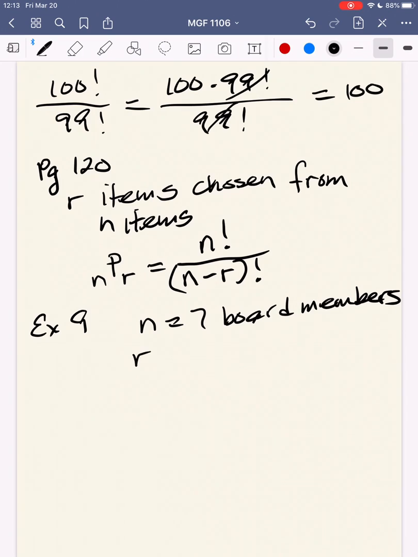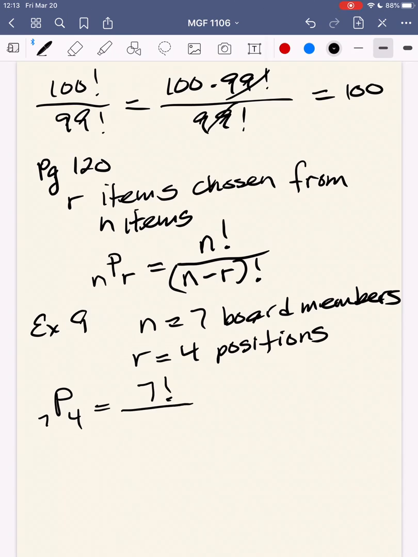Okay, those are 4 different positions. Okay. So how I would set this up, I have P of 7 choose 4, 7 factorial over 7 minus 4 factorial, okay, which is the same as 7 factorial over 3 factorial, okay.